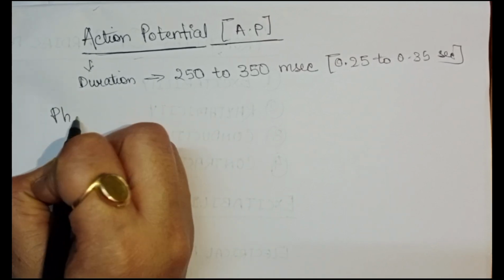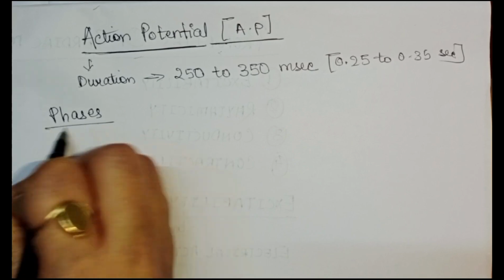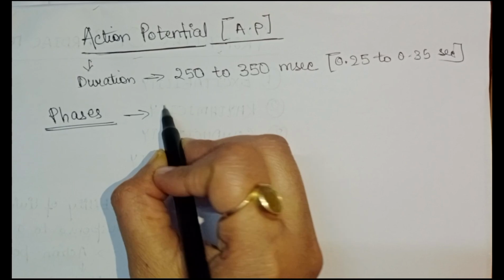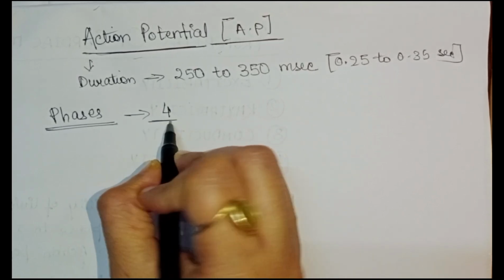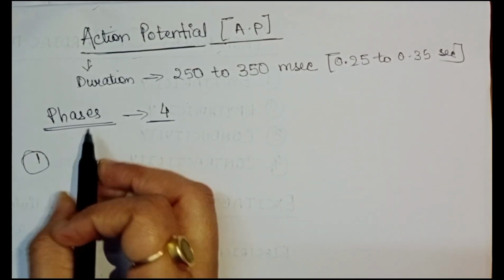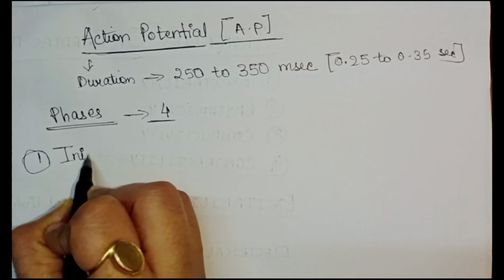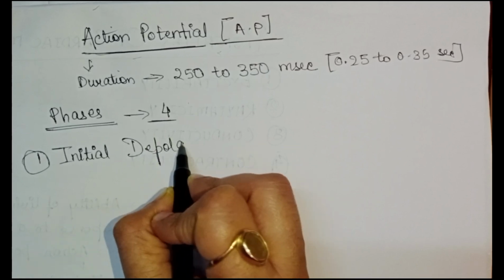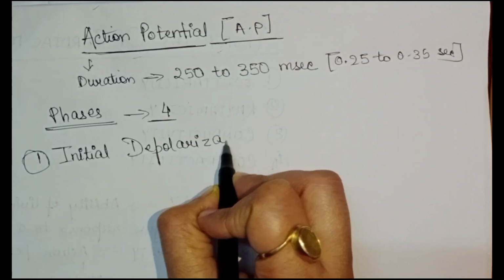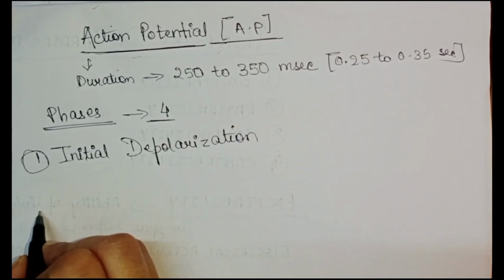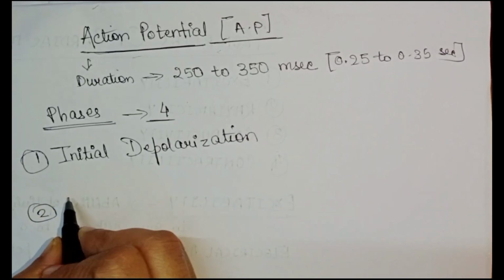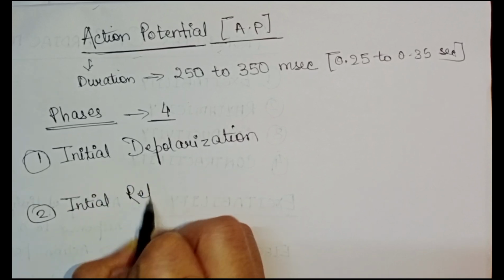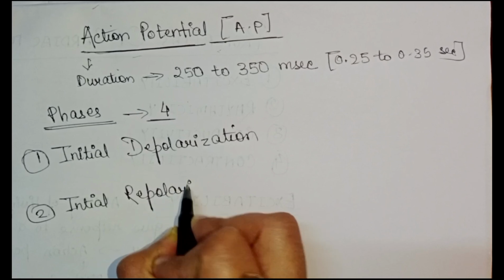Phases of action potential. Basically, there are four different phases of action potential. First is the initial depolarization. Second is the initial repolarization.